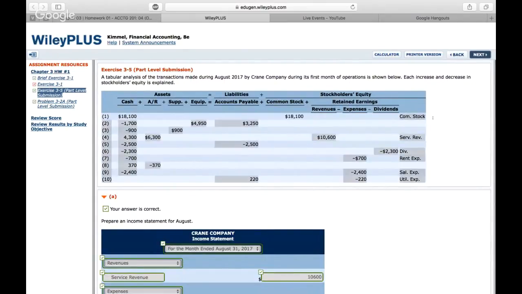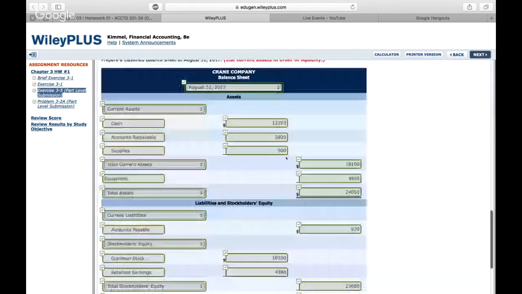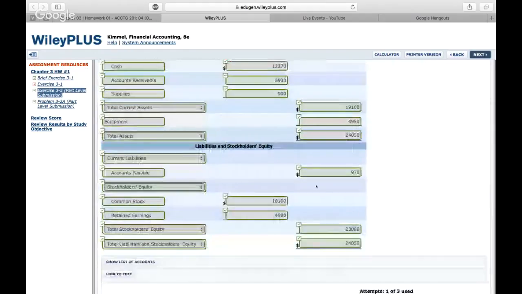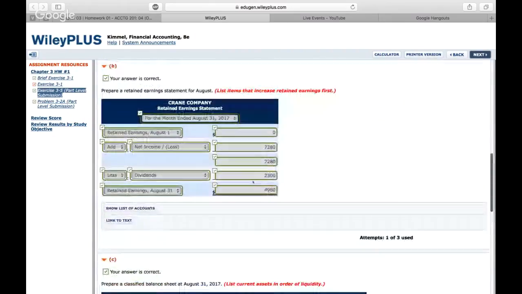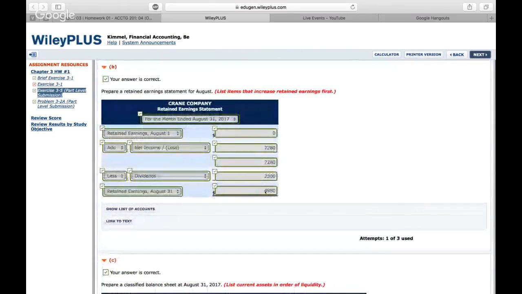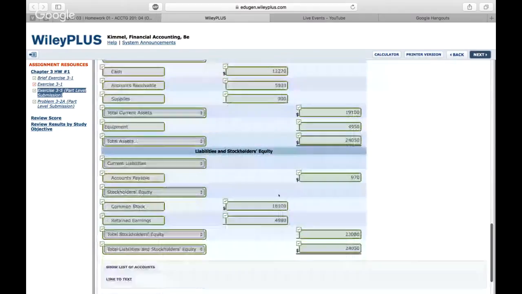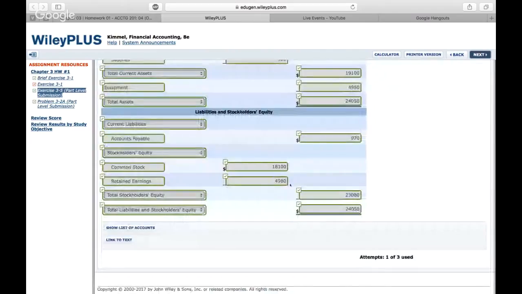So we know common stock's right here. And it's going to be underneath this column, so it's going to be 18,100. And we just put that right here. And you have your retained earnings. And we got the retained earnings from the retained earnings statement. So you take the 4,980 that we got here, and we plug it in right here.